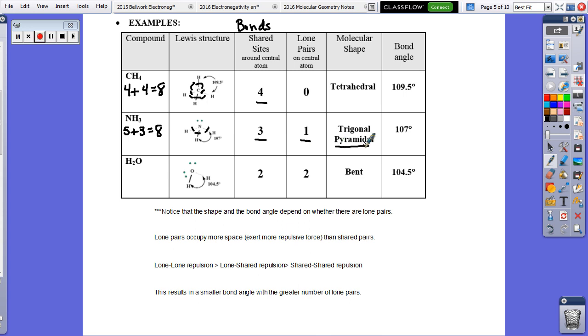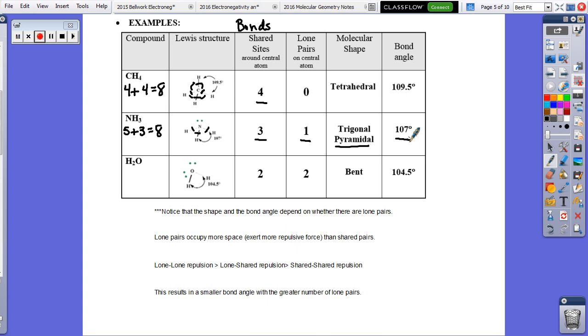Okay, and I've recorded that here. The bond angle that it gives me for that particular shape isn't really on your reference sheet because you don't have to know that. But if you'll notice, it changes a little bit on this table because that lone pair is putting more stress. It's pushing away those bonds more than the bond in CH4 did.